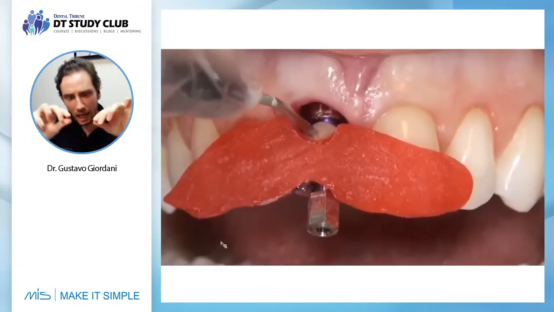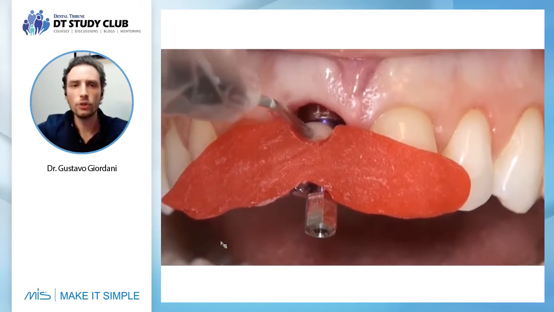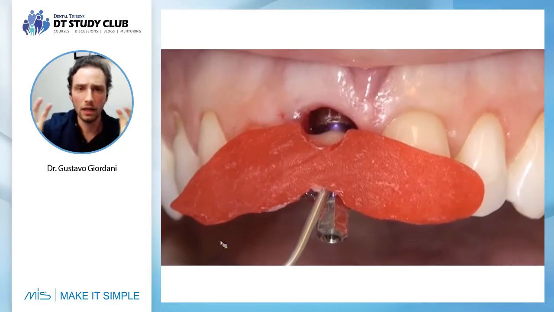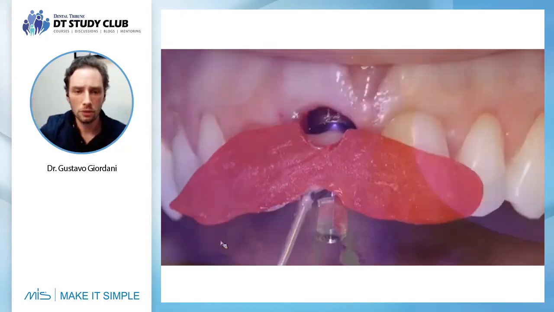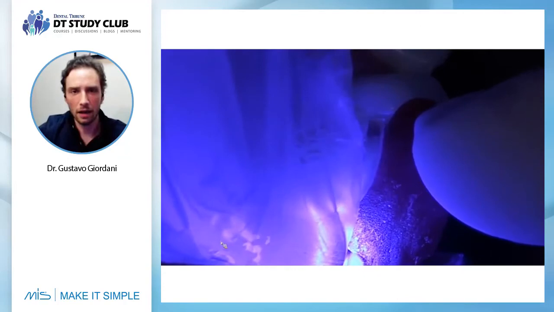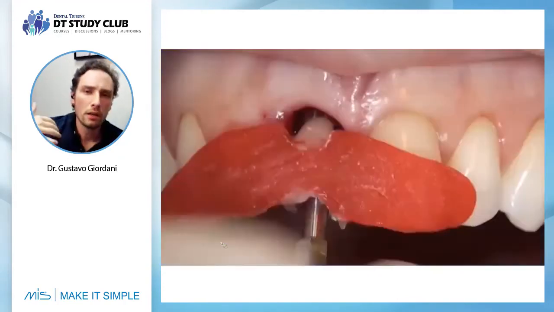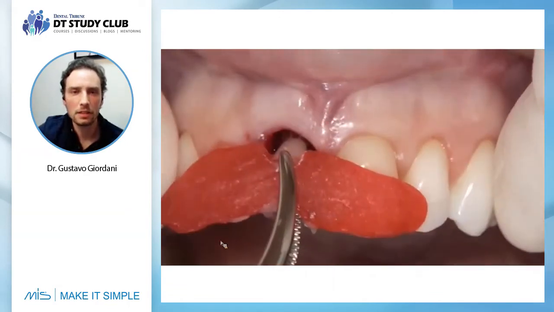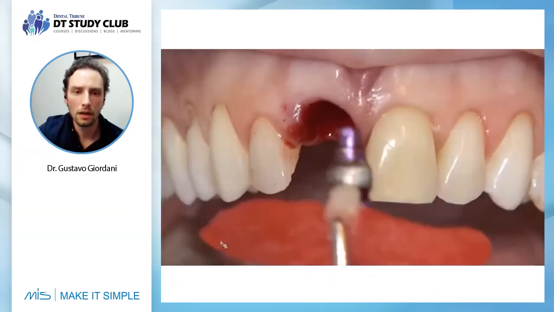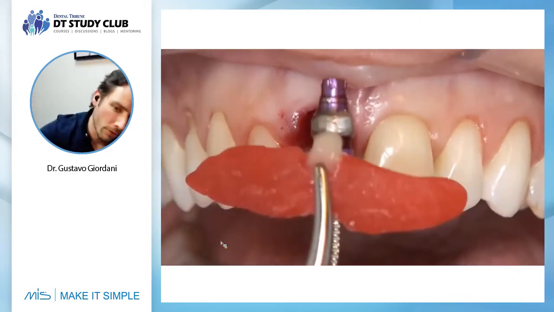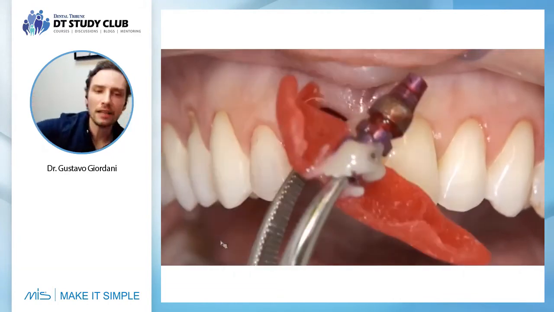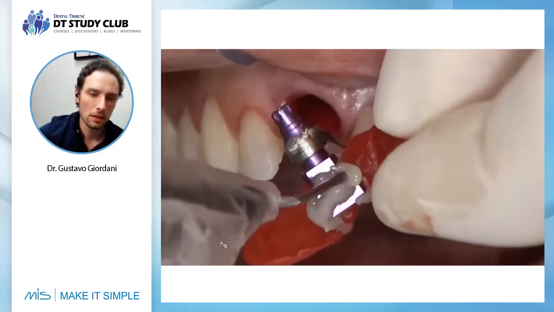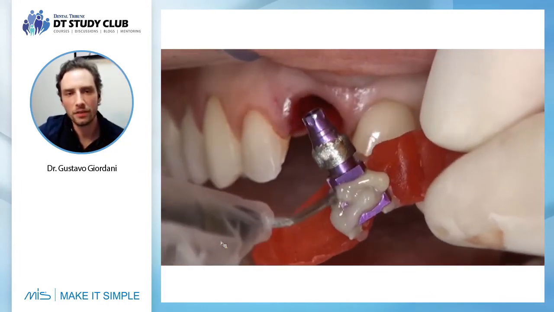We make a Duralay key, and we use the incisal edge position of the adjacent teeth to have a fixed, rigid support, and we use flowable composite with Duralay. We just capture this implant copying. We remove it from the mouth, clean it very well, and we can add some composite to make sure that everything is very rigid.